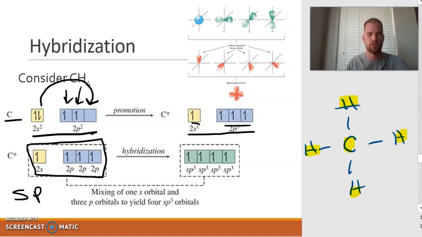All 3. So what hybrid orbitals do we end up creating? sp3. And look at that. We have created 4 equal sp3 orbitals. This orbital will bond to the 1 hydrogen. That'll bond to the 2nd hydrogen, the 3rd hydrogen, and the 4th hydrogen. So that's what ends up getting created to now make space to bond to the 4 hydrogens.